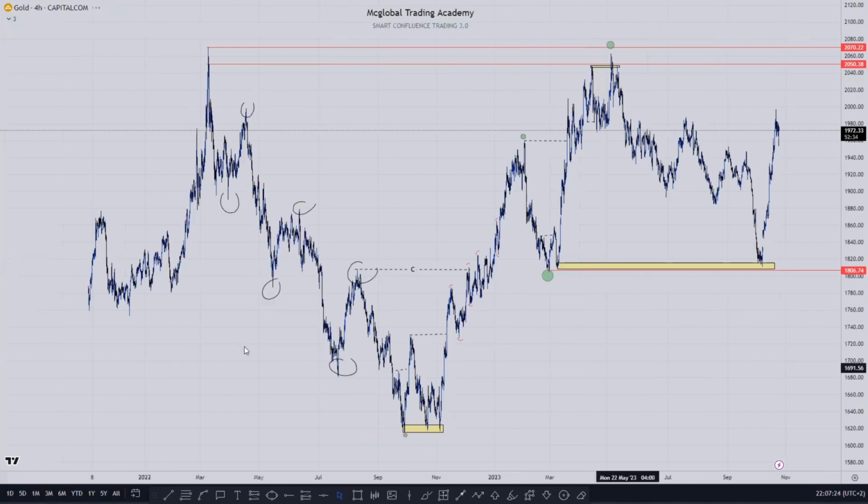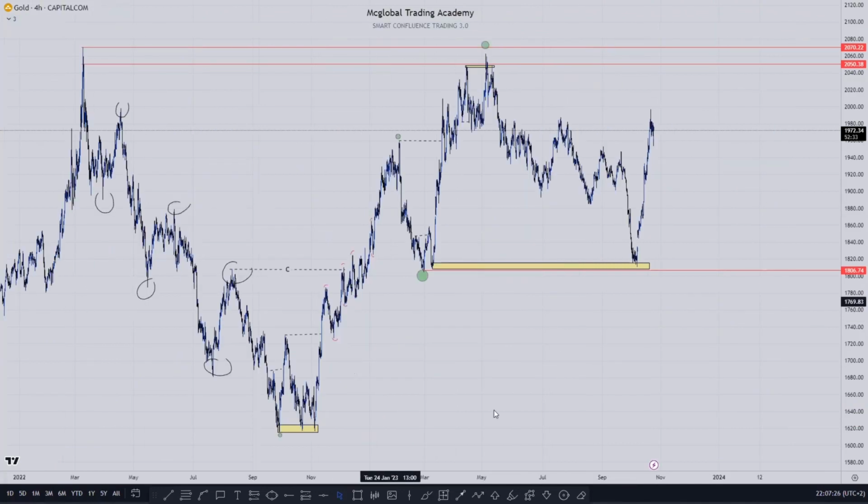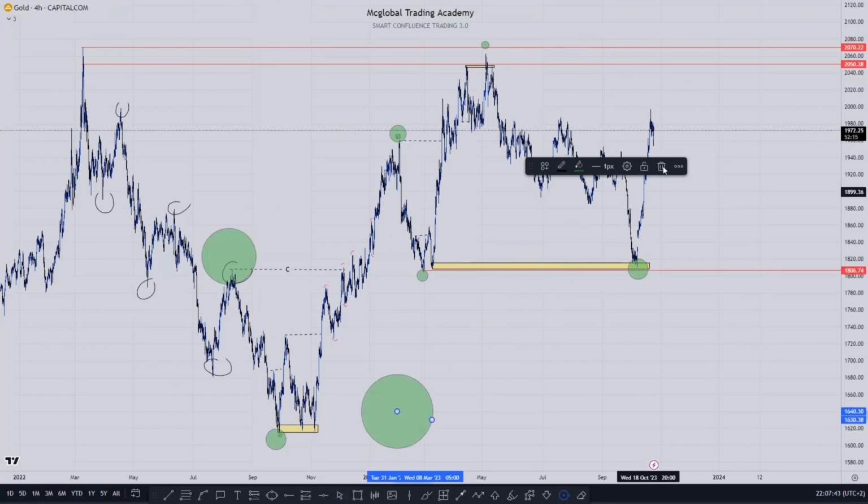So order flow here, you can see that this is bullish. We have this, we have that higher high, with this higher low, with that higher high. Now we have another low here. So where are they targeting?